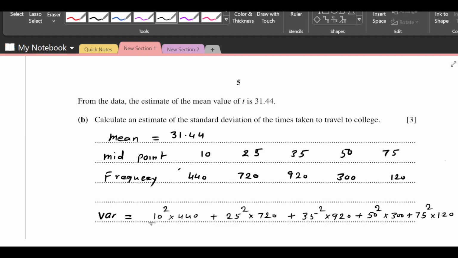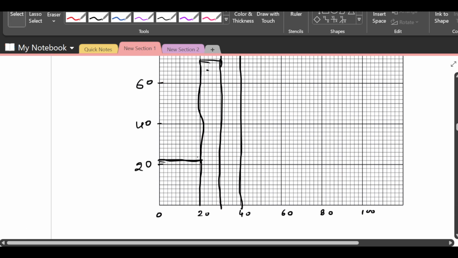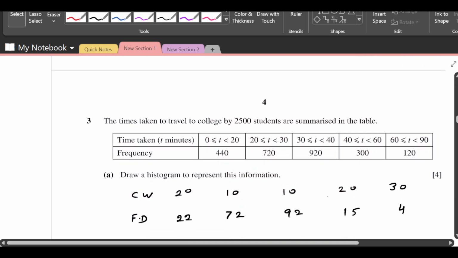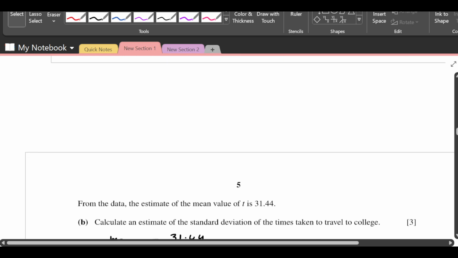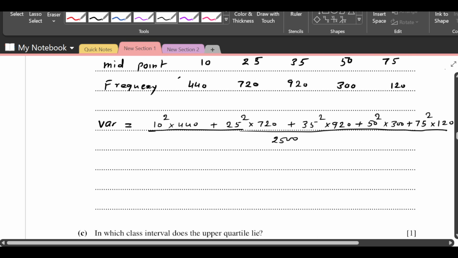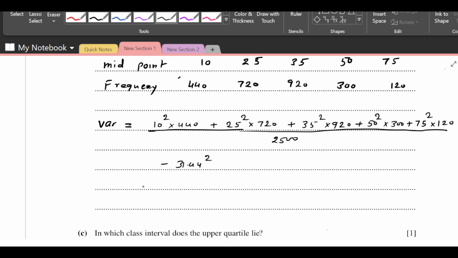Okay, this divided by the total frequency, 2500. You can check again, it's 2500. Okay, minus mean is 31.44. So this minus 31.44 square.